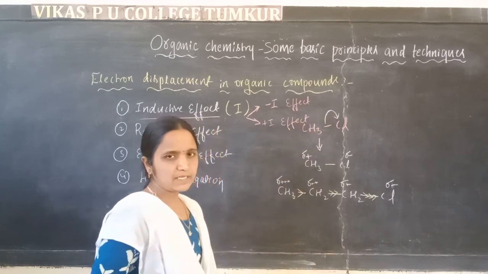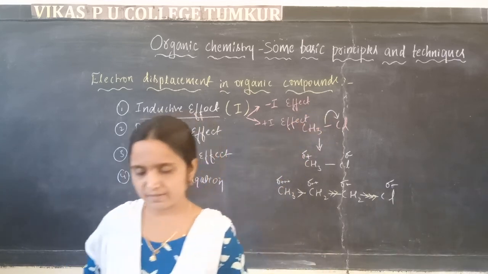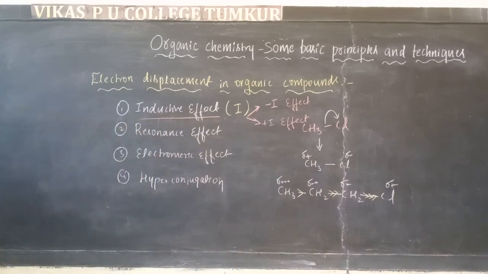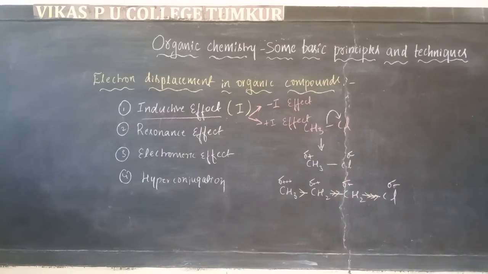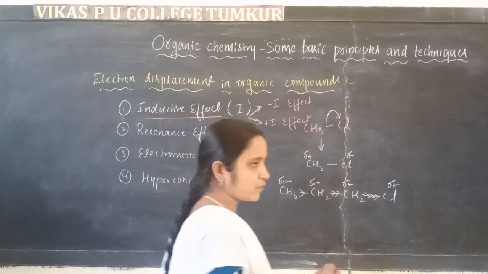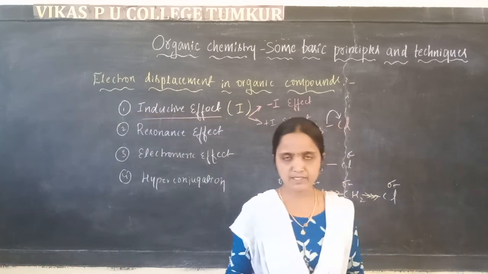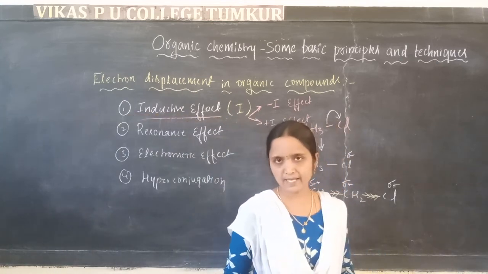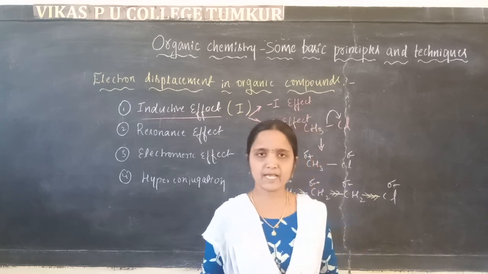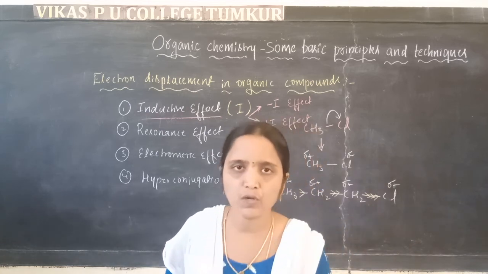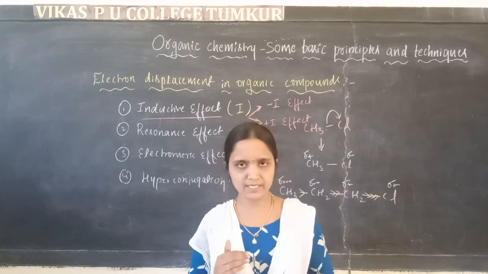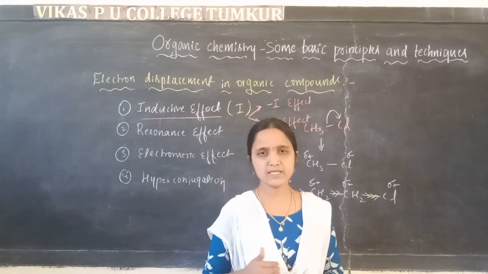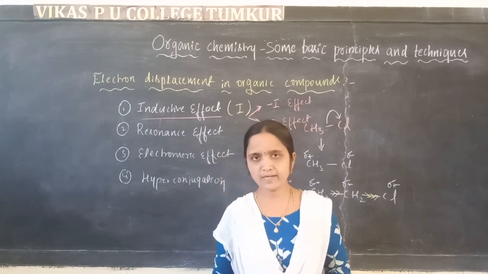Here, negative inductive effect means if the group attached to the carbon chain is more electronegative than the hydrogen, at that time the shared pair of electrons is going to shift towards the substituent, towards the electronegative atom.